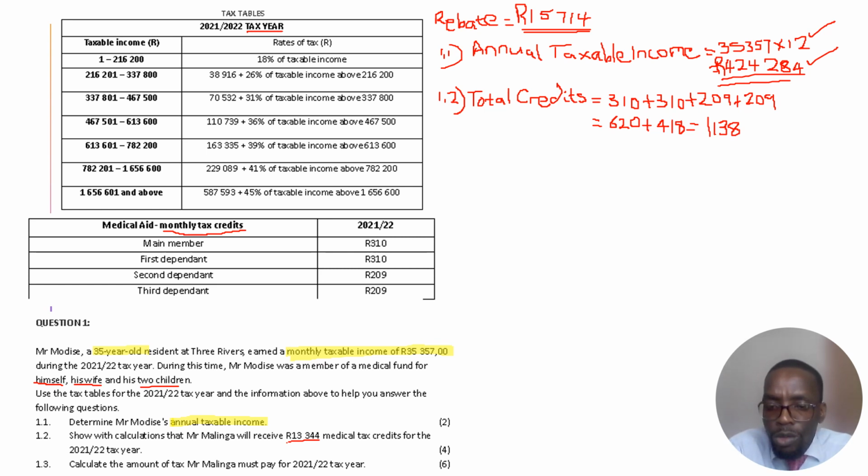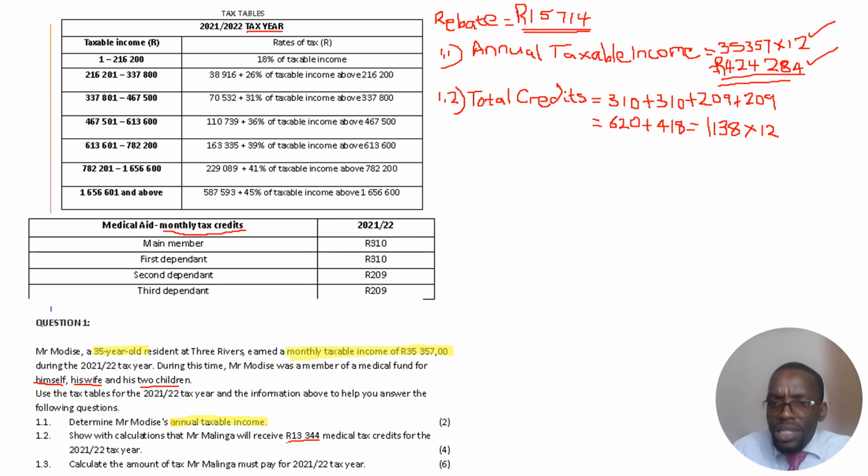Now, because the question wanted us to get the annual amount, we are going to multiply this monthly amount by 12. Let me go back to my calculator.